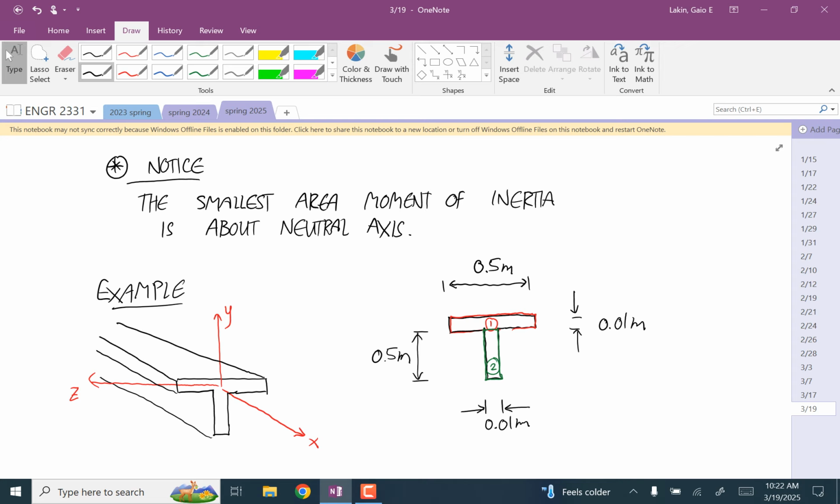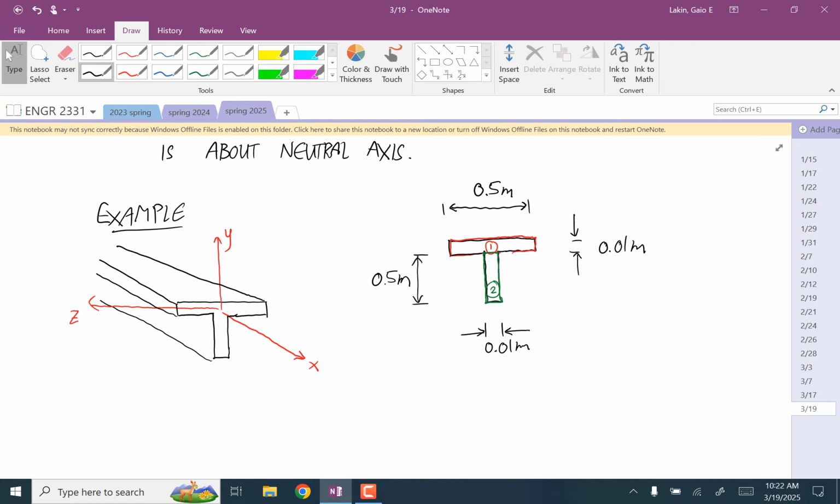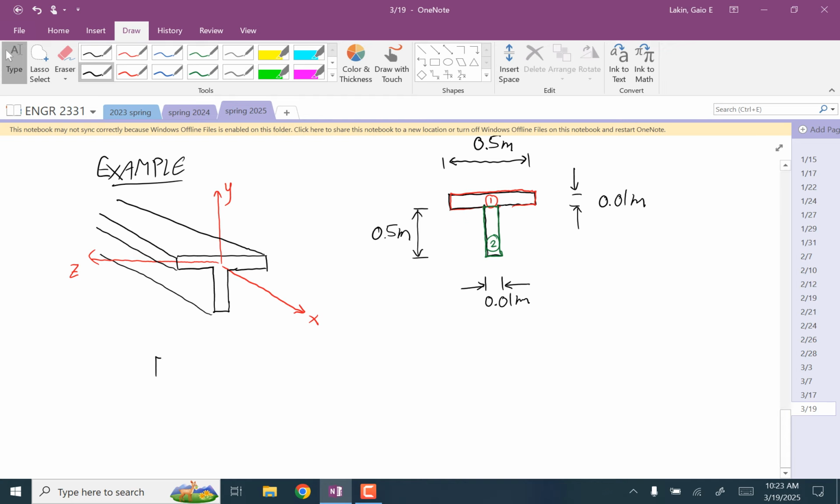All right, well, in order to find the neutral axis, first find the neutral axis of the whole thing. And that's just a matter of finding the centroid.